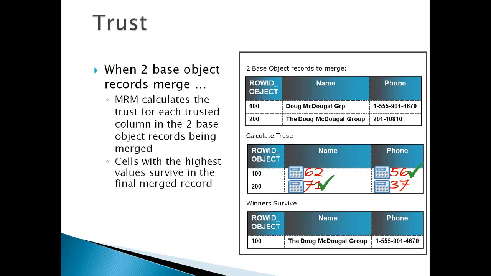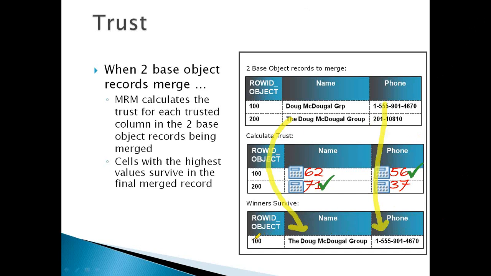So now it will promote the name from 200, and the phone number from 100 has been promoted into the master record. That is based on the trust, because once it calculated, it found these are more trusted, so it promoted them.